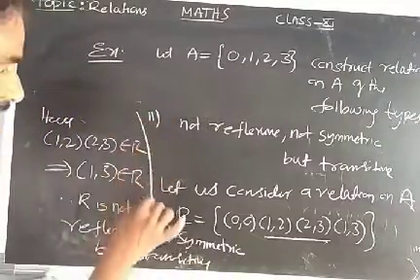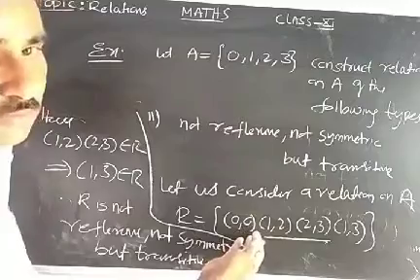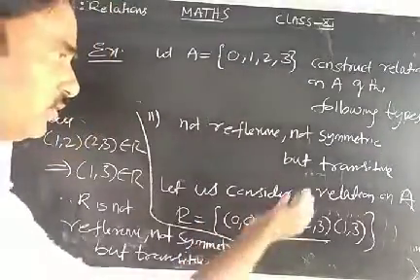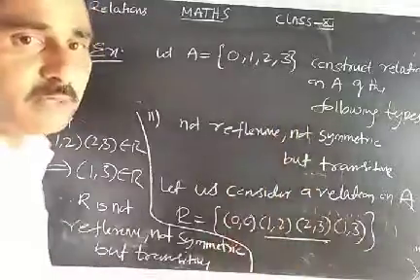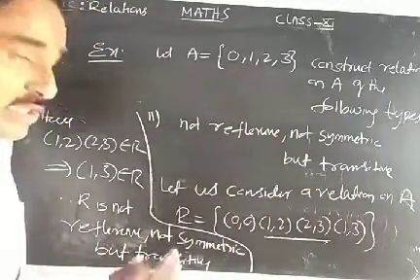Okay, is it clear? This is another way. I gave one example already. You can use that example, or you can take this example, or you can include a few more order pairs, but you have to show it is not reflexive, not symmetric, transitive.